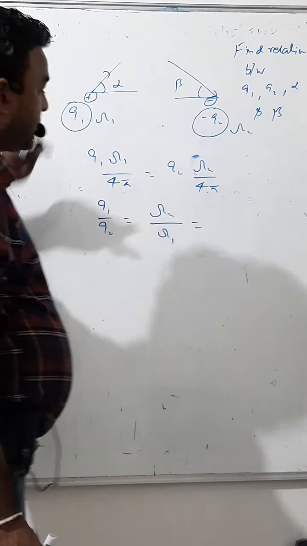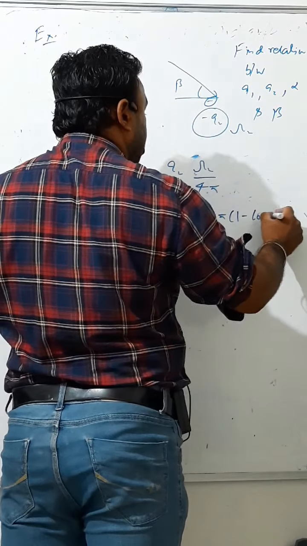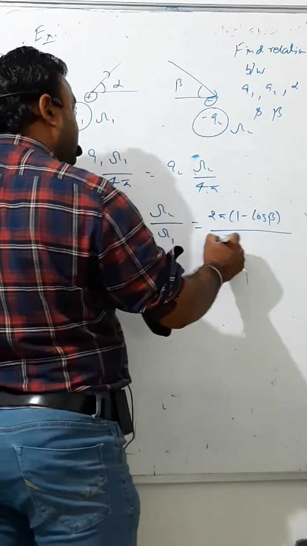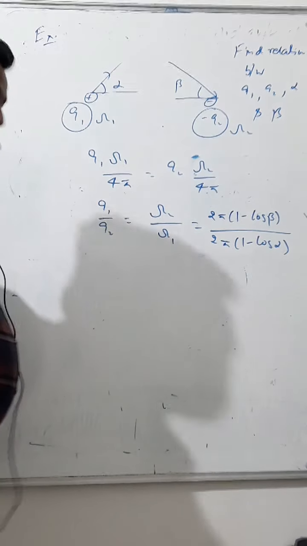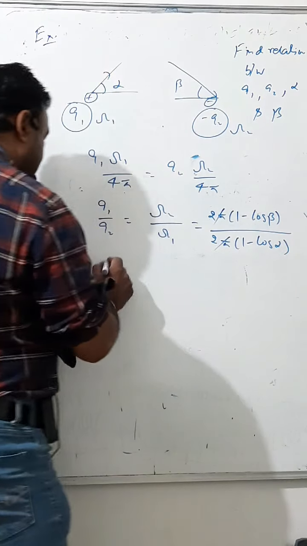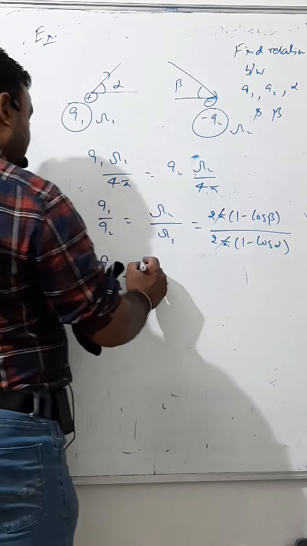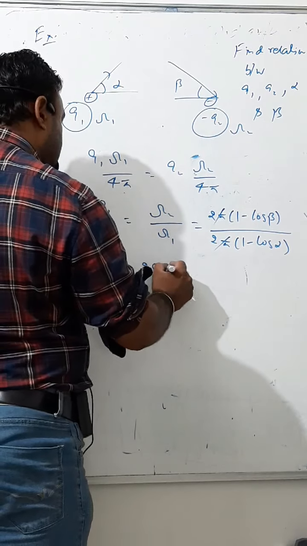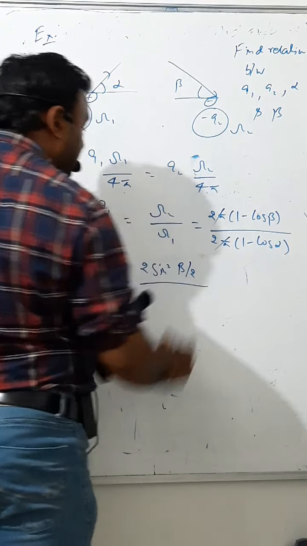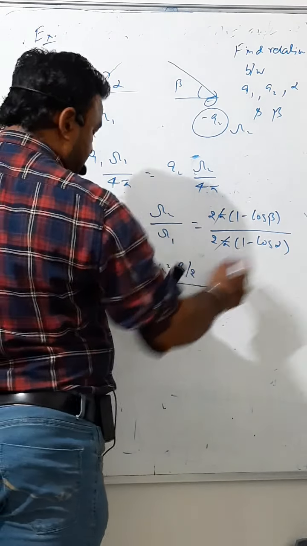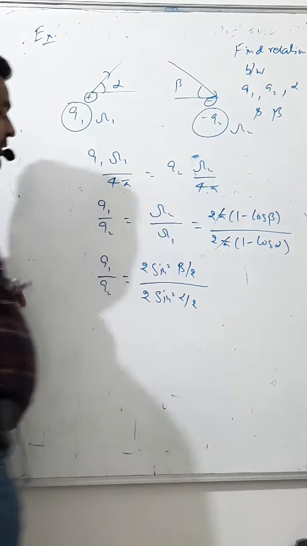Now it is very clear that this solid angle omega 2 is 2 pi (1 minus cos beta), and this one is 2 pi (1 minus cos alpha). Right? The 2 pi cancels. Q1 by Q2. 1 minus cos alpha can be written as 2 sine square alpha by 2, and 1 minus cos beta as 2 sine square beta by 2.